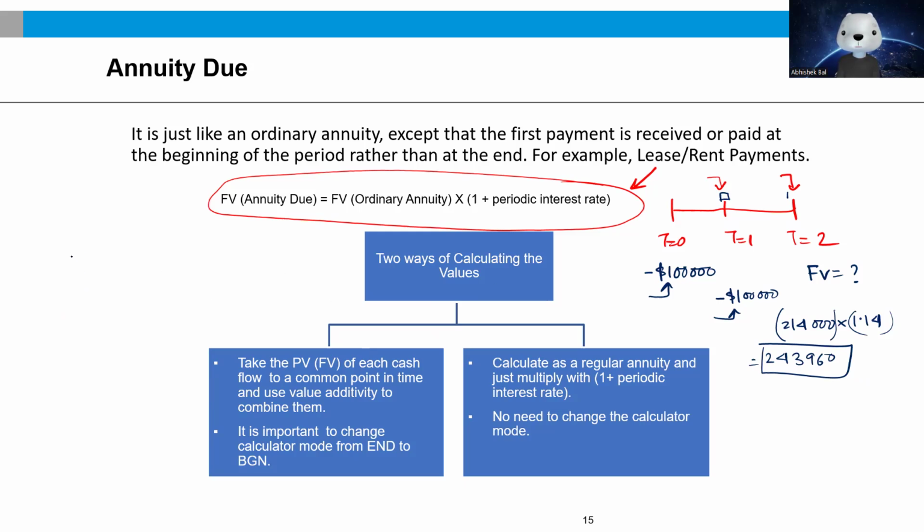See, the first cash flow is now going to work for 2 years. Year number 1, it is going to work, and it is also going to work for year number 2.